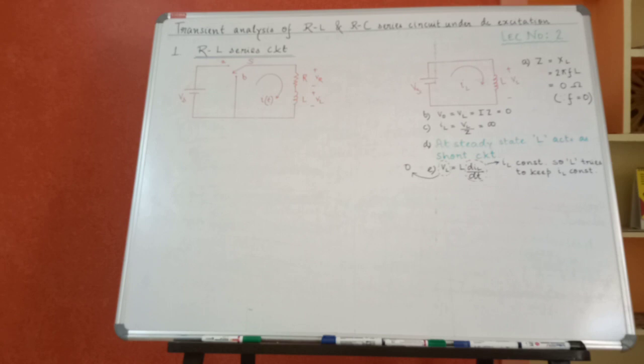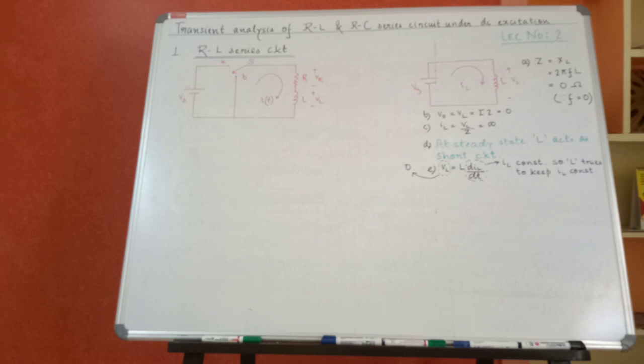Now point number C, what will be the IL, current flowing through the inductor? IL is equal to VL by Z, and since Z is equal to 0, IL will be infinite. Hence, from point number B and point number C, you can observe that VL is equal to 0 and IL is equal to infinity when the circuit is at steady state. This is the condition of the inductor. So from this you can take a conclusion.